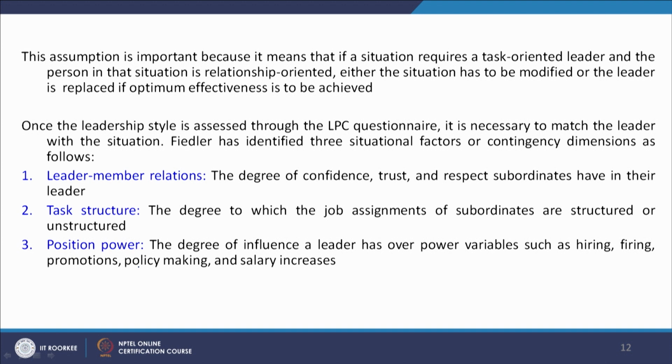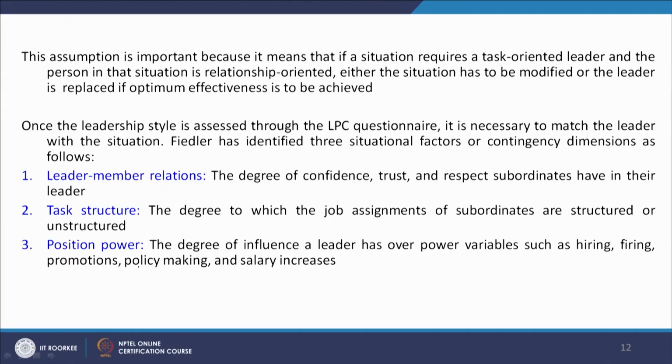Leader member relation: the degree of confidence, trust and respect subordinates have in their leader. That means to what extent leader and members have trust and respect for each other. That means they are accepting the leader in his own way with his own orientation. Task structure: the degree to which the job assignments of subordinates are structured or unstructured.